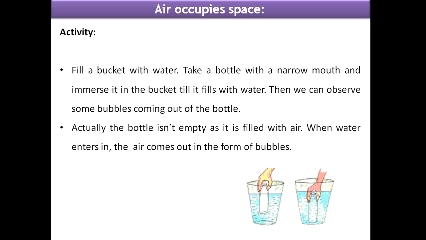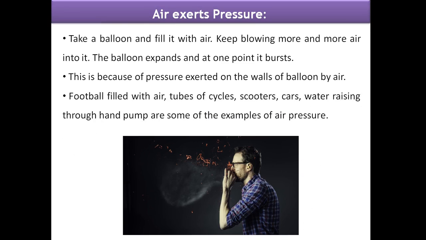Then we can observe some bubbles come out of the bottle. Actually, the bottle is not empty as it is filled with air. When water enters into the bottle, air comes out in the form of bubbles. From these two examples, we can understand that air occupies space.